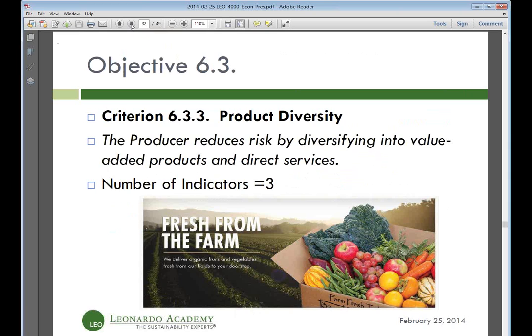Here we're talking not so much about the specific crops that are produced but what an operation can do with those crops to increase the products that they can put on the market by adding value to the crops that they produce, and sometimes by providing other services such as agrotourism, which is a worthwhile part of many operations in areas out here on the West Coast, at least, and I think more widespread also.